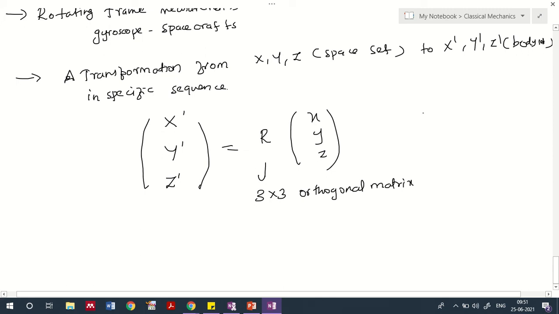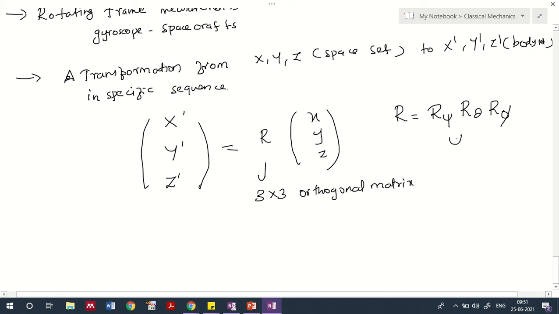I said there are three successive rotations, and corresponding to that, R is a system we represent as R phi, R theta, R psi.